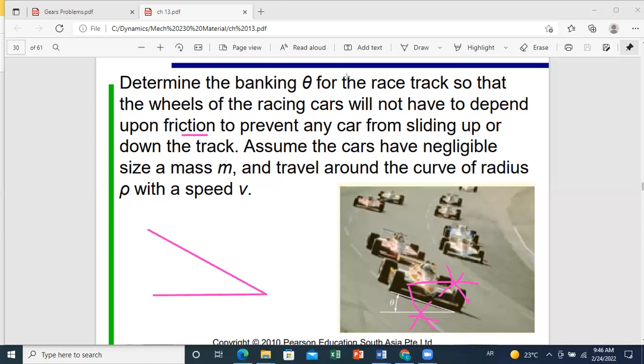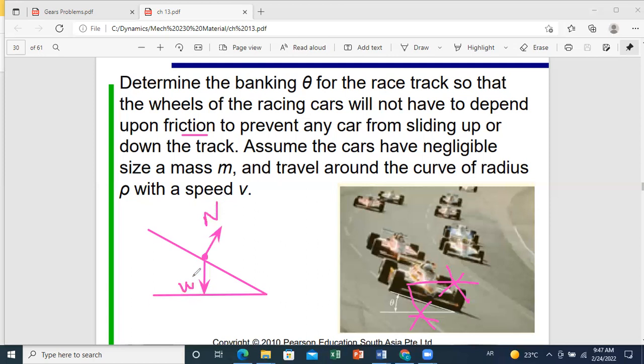I will treat my car as a particle, so I just consider it as a point. Now, what are the forces acting on it? I have its weight and I have the normal to the car. So this is N and this is W.